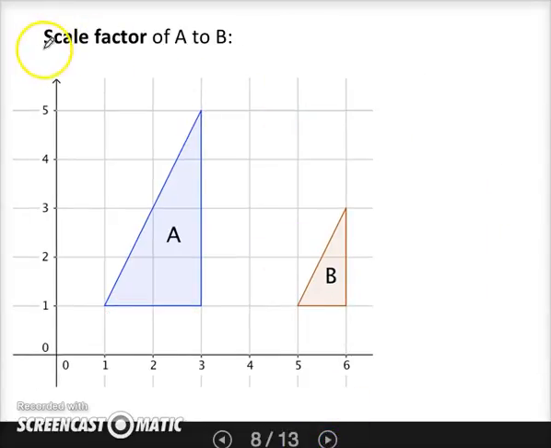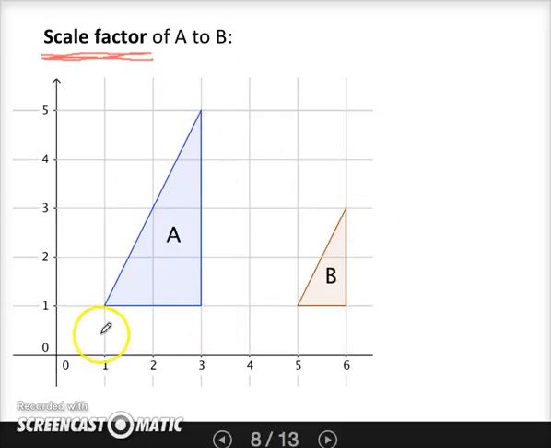Okay, here's a new word for you, scale factor. This sounds like the term that we use for scaling things up and down. And in fact, it's very much related to that concept because triangle B is clearly a scaled down version of triangle A here.